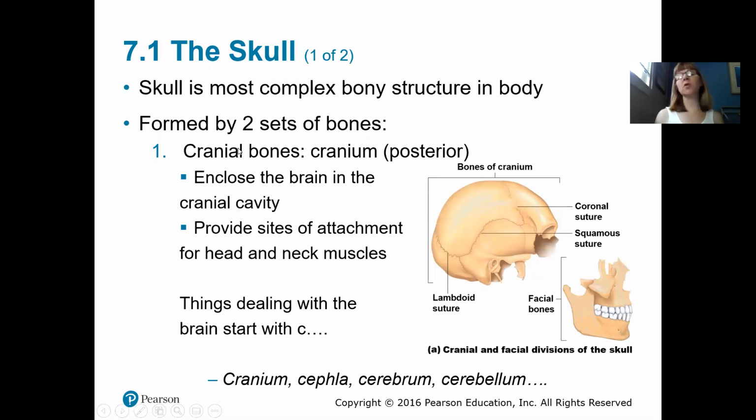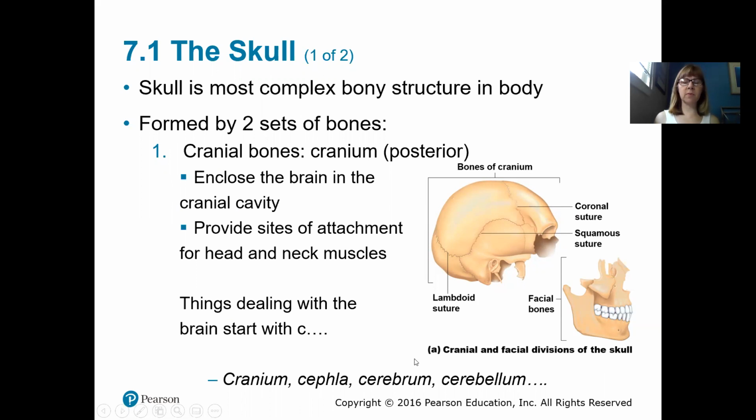So let's first start with the skull, and that is definitely the most complex part, and it's broken into 2 parts. We have the cranial bones versus the facial bones. So when we look at the cranial part, this is the posterior part of the head. Okay?